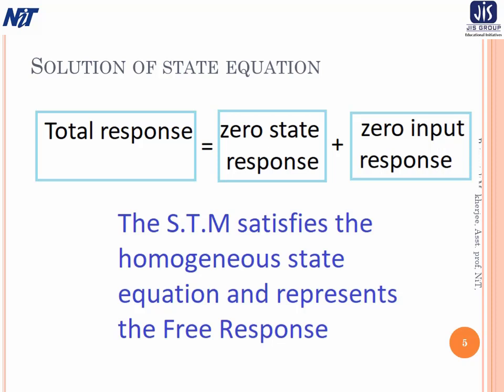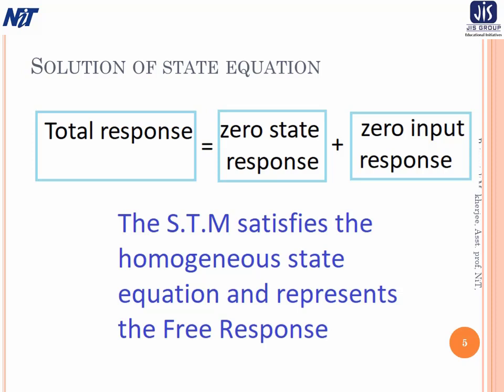Now we are familiar with linear control systems. When a linear control system is subjected to both inputs and initial conditions, we get the total response, and the total response is equal to the zero state response plus the zero input response. So what is the zero state response?